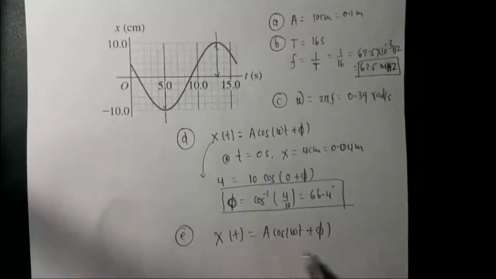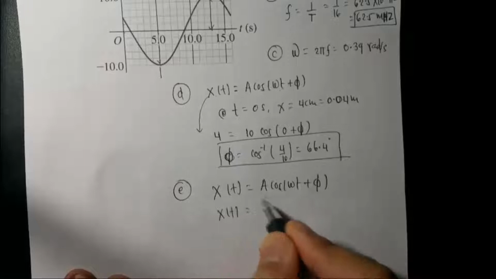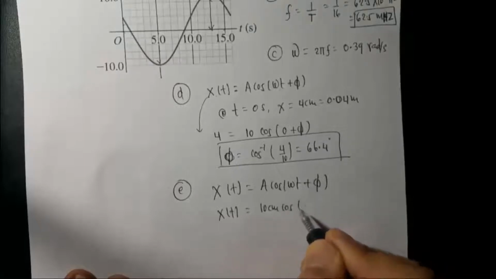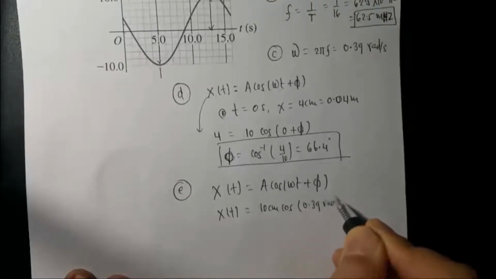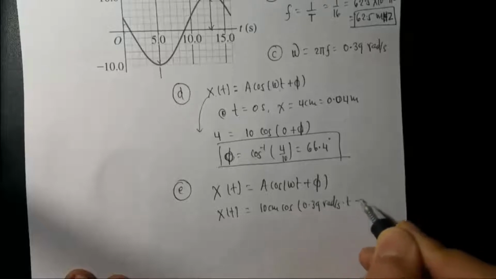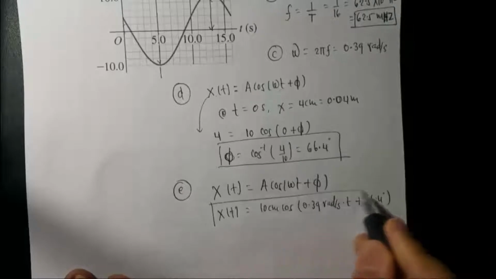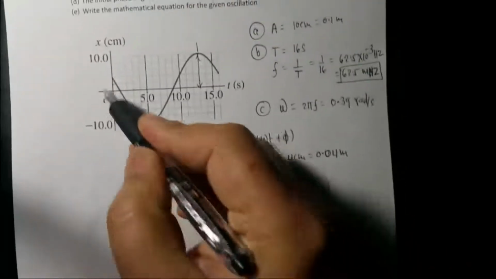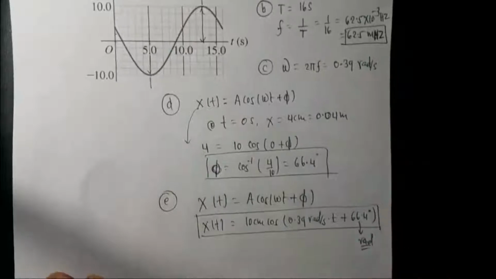This is our simple harmonic oscillation for position: 10 centimeter times cos of omega, which we have already found to be 0.39 radians per second, times t, plus phi, which is 66.4 degrees. That's going to be your complete equation describing this oscillation. You may want to convert back to radians if you want, or just mention degrees.